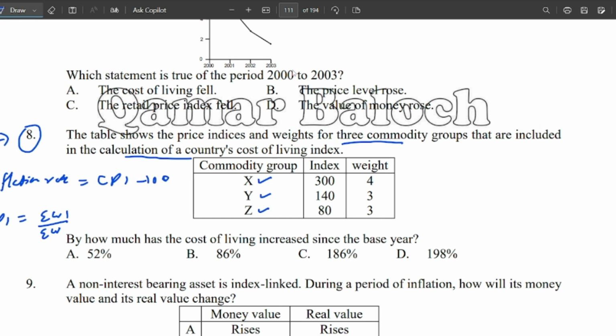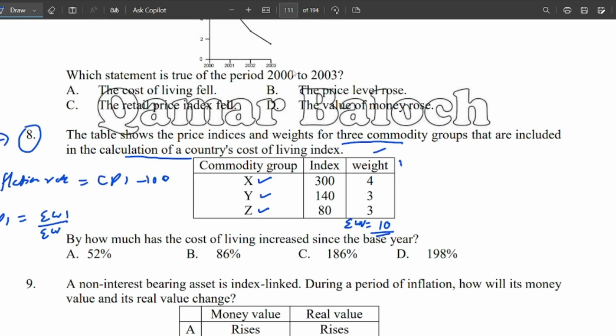For that we already have weights, so we can add these values. So we will get sum of weights. 4 plus 3 plus 3 is equal to 10. Okay, so if a person who earns $10 spends $4 on X, $3 on Y and $3 on Z, it means X is more important than Y and Z for this consumer.